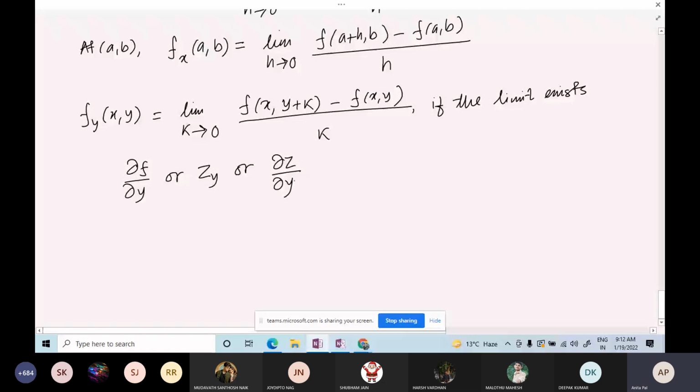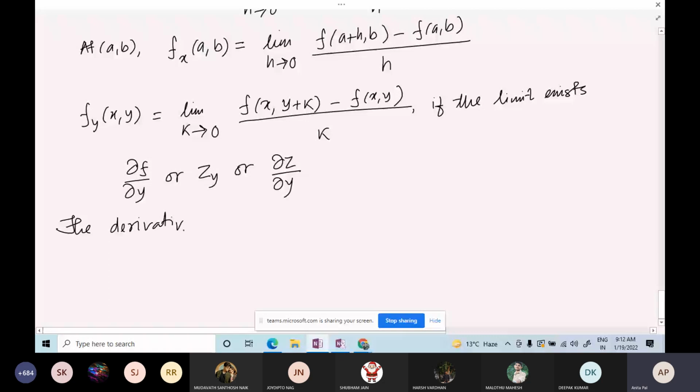Okay. Now the derivatives of fx with respect to x and y, what is fx?